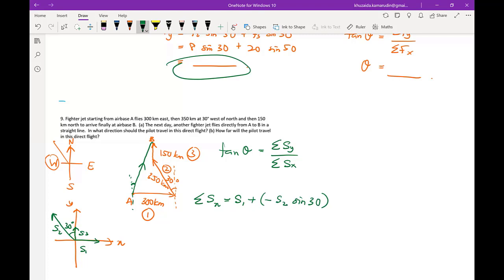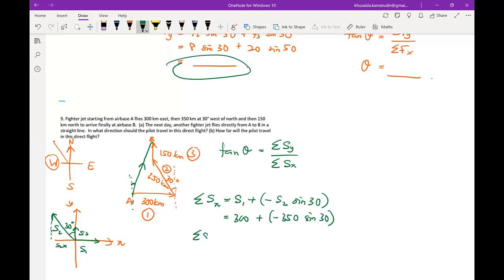Okay, so kita nak resolve lah, nak dapatkan S2x dekat sini. Alright, okay, so S3 berada dalam y component, so tak perlulah masukkan dekat sini. So what we have over here, okay, so we have 300 plus negative S2 is 350 sin 30. Remember, we are using kilometer, so final answer mesti kilometer.